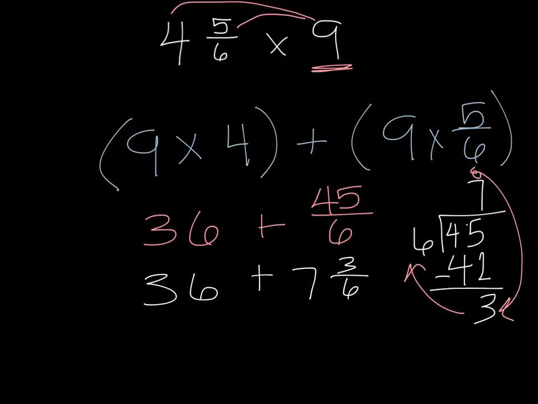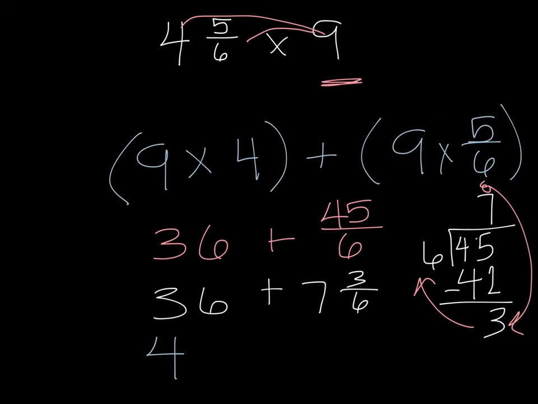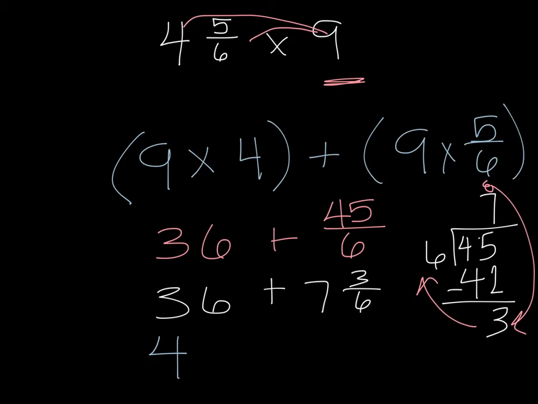And then I add. So 36 plus 7 would be 43. And 3/6, which would simplify to 43 1/2.